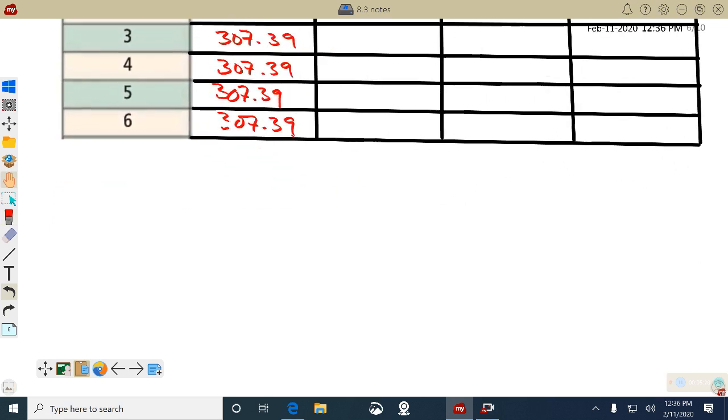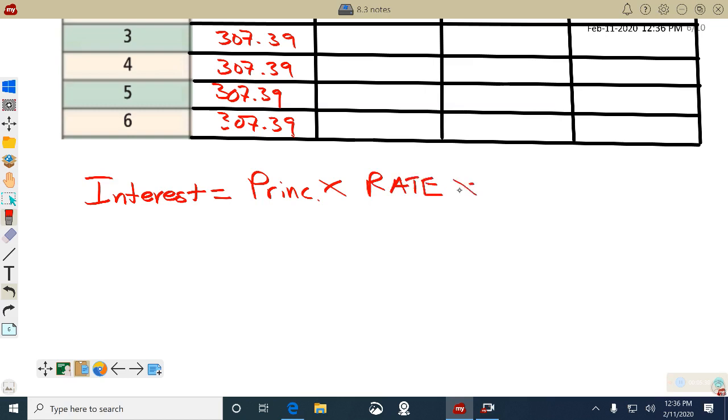So underneath the table, I'm going to write interest equals principal. I'm going to abbreviate principal as PRINC times the rate times the time divided by 12 months.